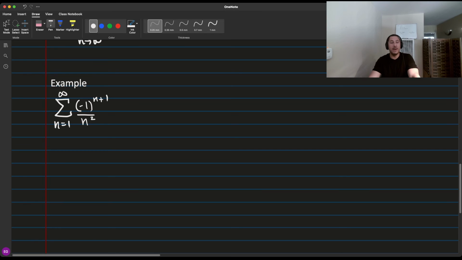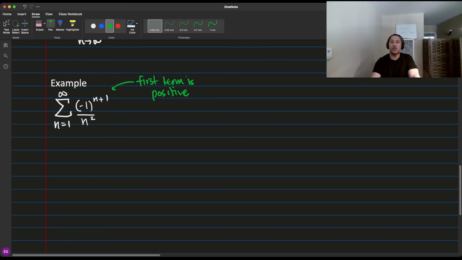Remember that you forget about the (-1)^(n+1), which makes the first term start off as positive. It's not super important to us, but I'm pointing out that when you plug in n equals 1, you get 2 minus 1 squared, which is 2.